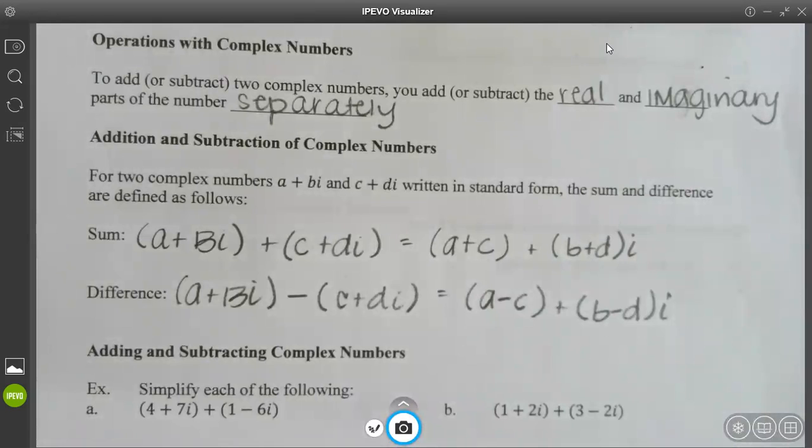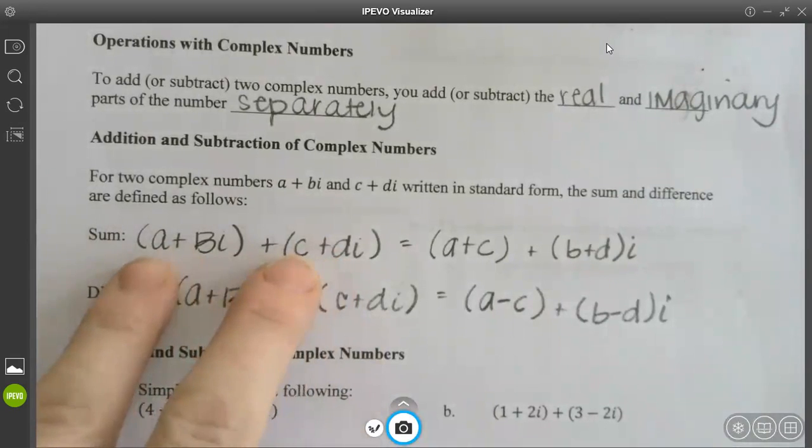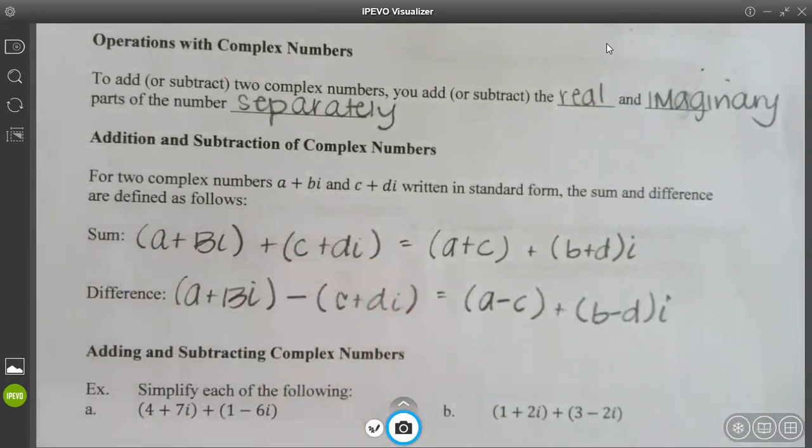These two can only be set equal if a and c are equal and b and d are equal. There's no other way.